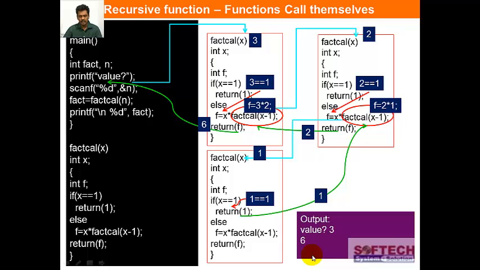It is not a special concept. If we want to develop a program, we can do it without a recursive function, but the number of lines may increase. We can write the program using other statements, that is for statement, while, do while, and like that. By using a recursive function, we can reduce the lines.